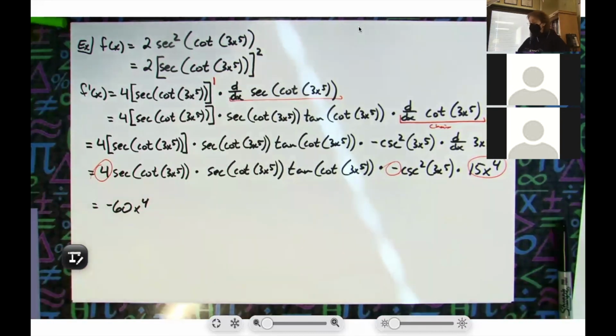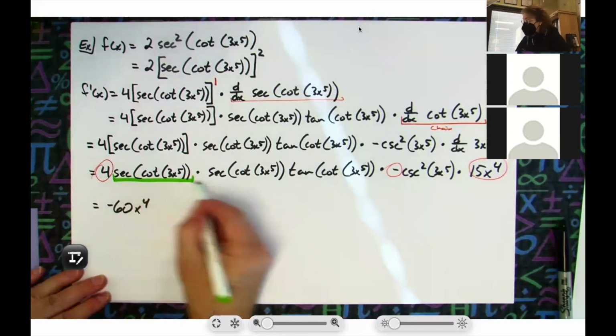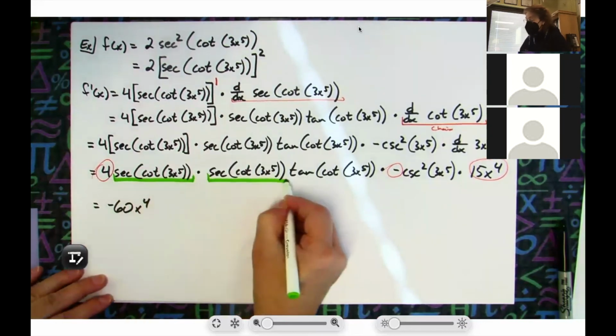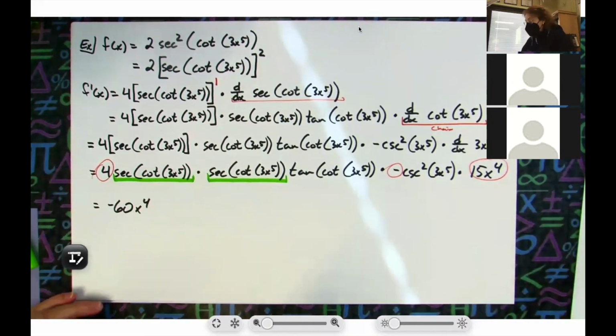Okay, now do I have any like terms? Yep, secant cotangent of 3x to the fifth, secant cotangent 3x to the fifth. In other words, I've got 2 of those, right? So let's write it with a squared.